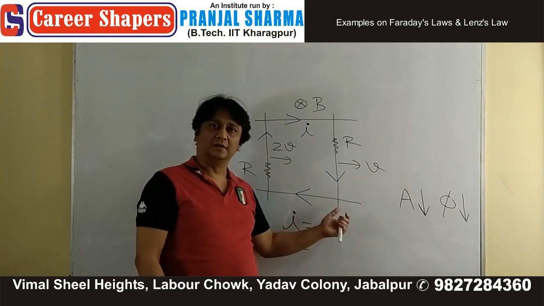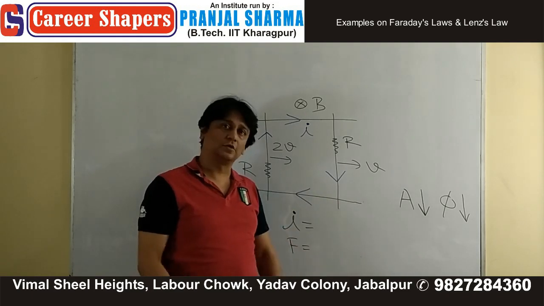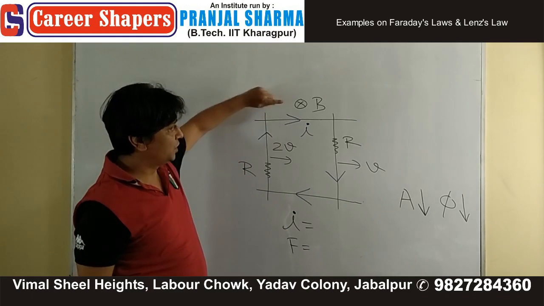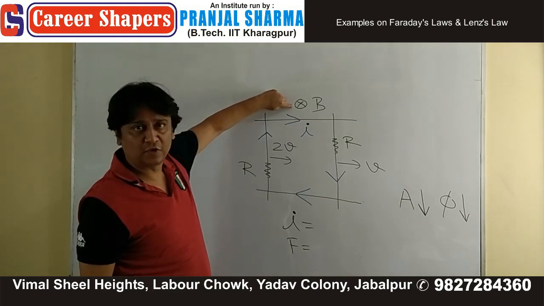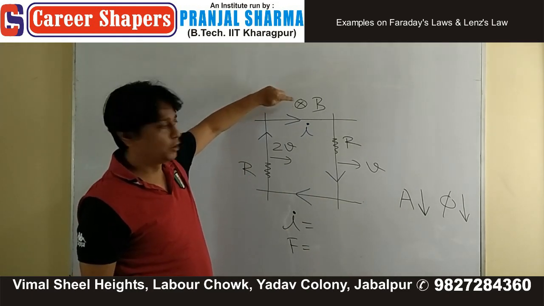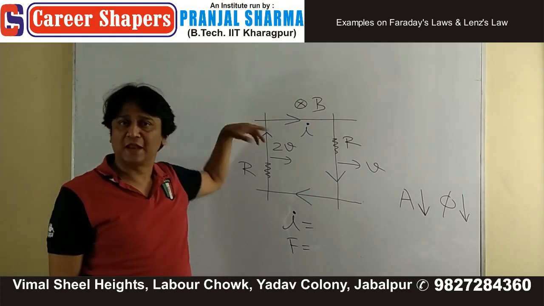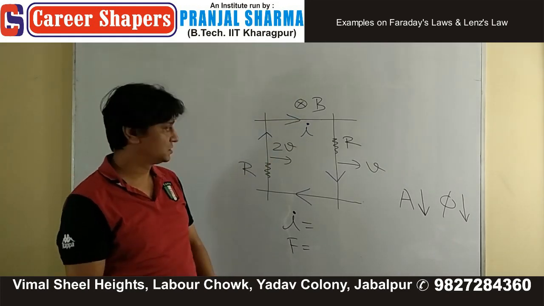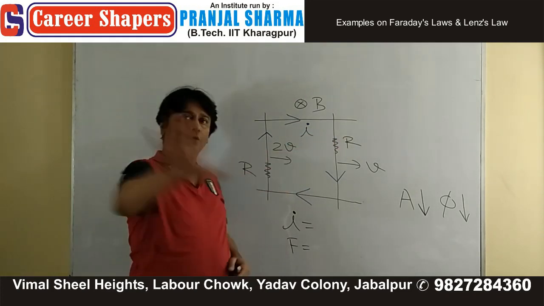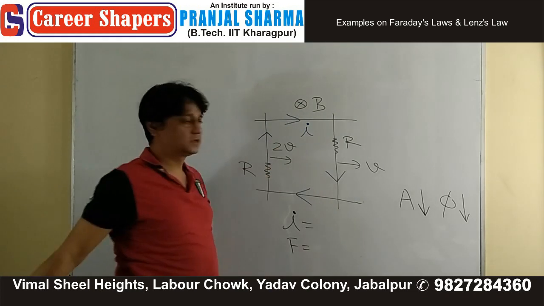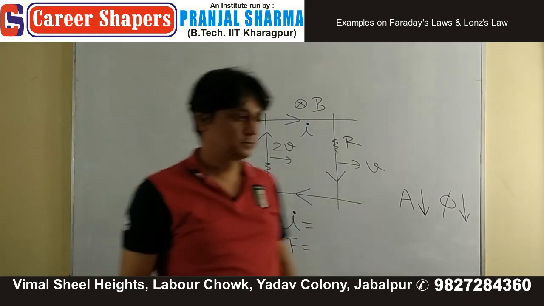I hope it is clear. Flux is decreasing, you're trying to increase it. To increase the flux, you need to support this magnetic field. How do you support a magnetic field which is pointing in? By producing another field which is also inwards. Hold your thumb in, curl, so you got the answer clockwise.